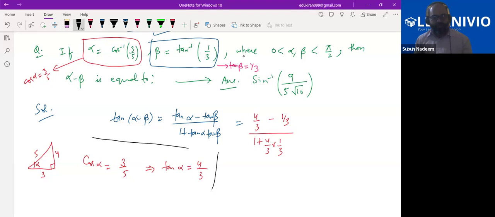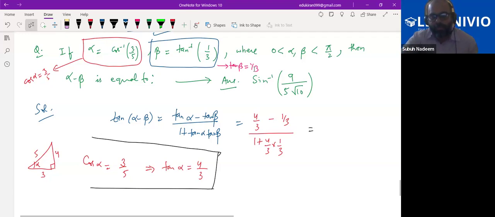So this is what we will get from here. And if we simplify this, what do we get? Tan alpha minus beta will be 9 by 13, right?